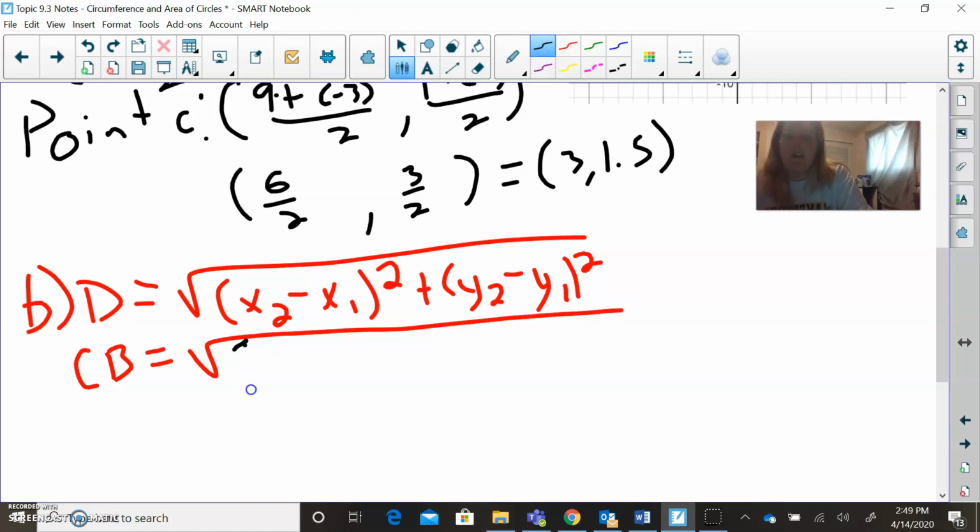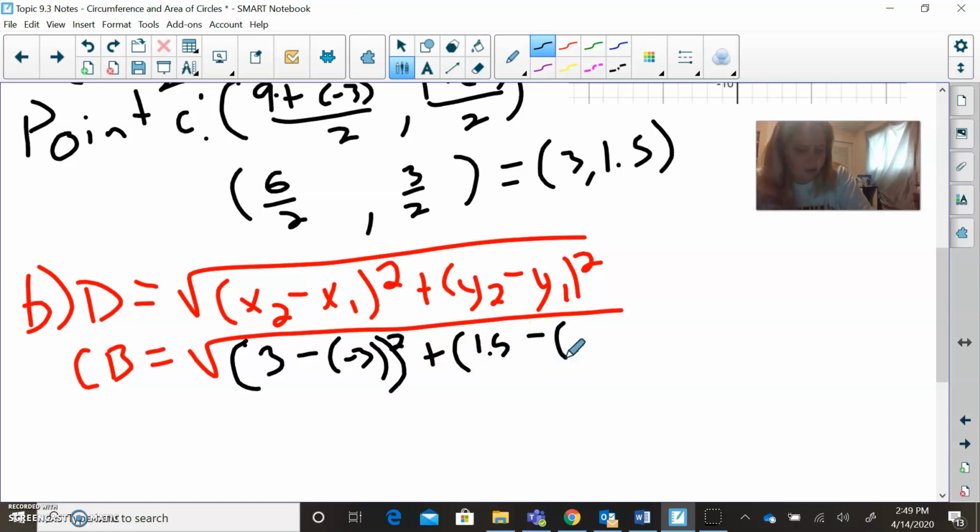We're going to use the x value of C first, so 3, and then the x value of B, which is negative 3. Plus the y value of C, which is 1.5, minus the y value of B, which is negative 1. We're going to square it.